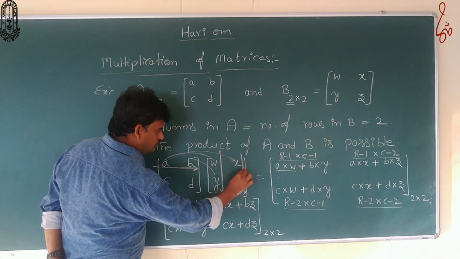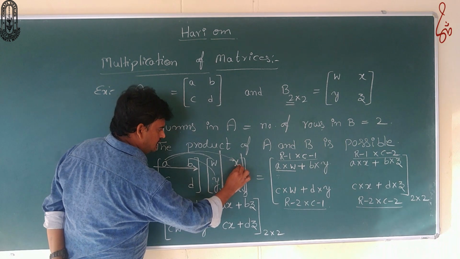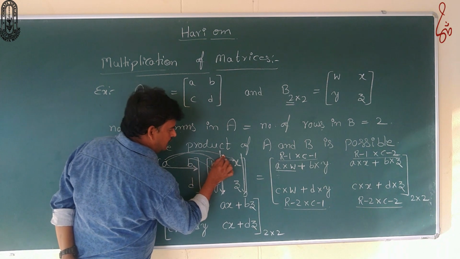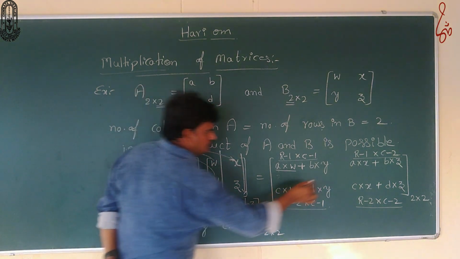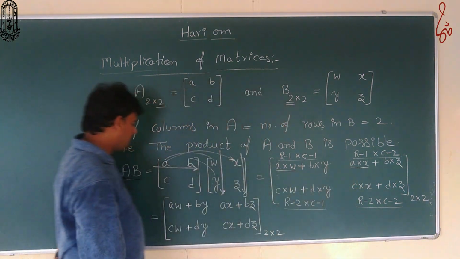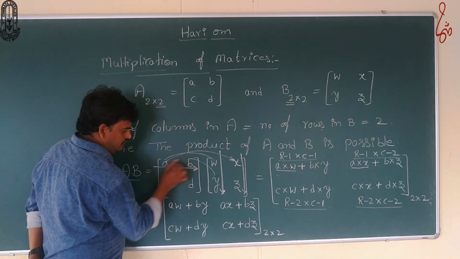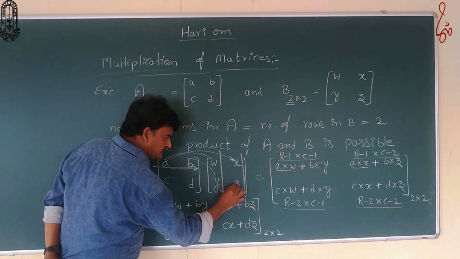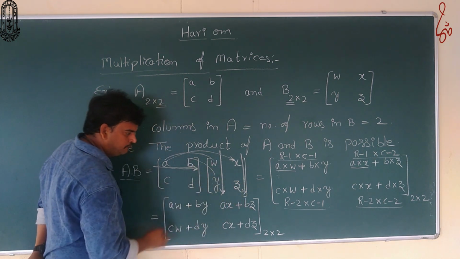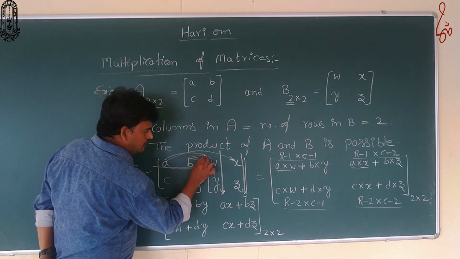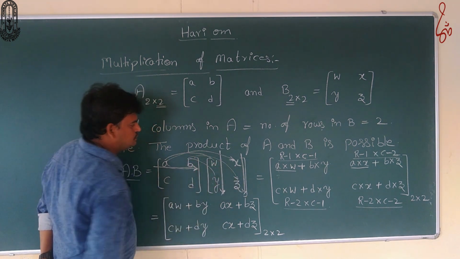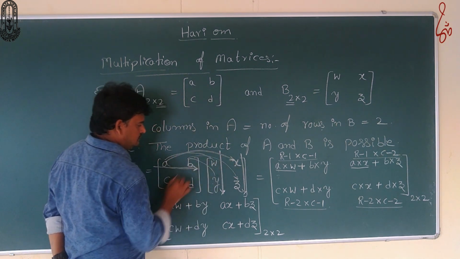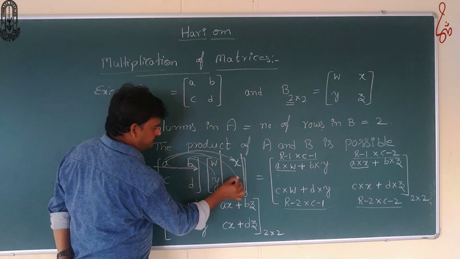Here in column 2 the first element is X. So the A and X, the product, A into X. And the second element in the first row is B, the second element in the second column is Z. So here the B and Z, these two product.